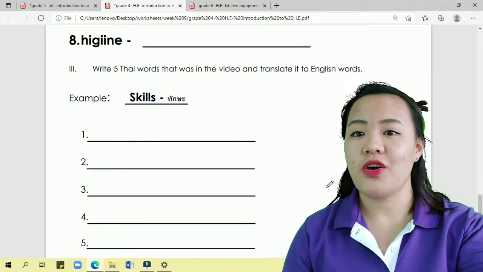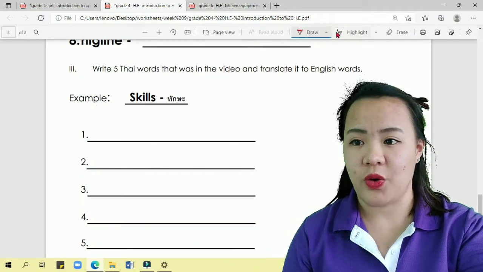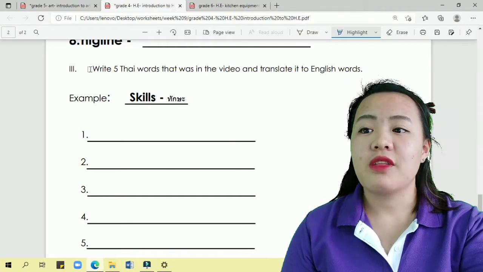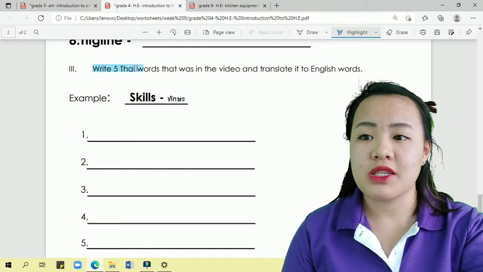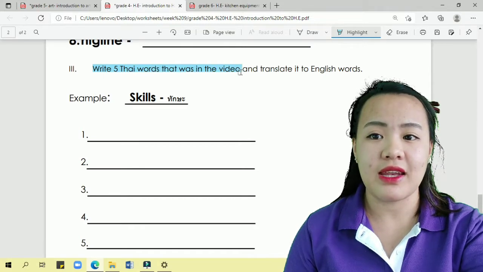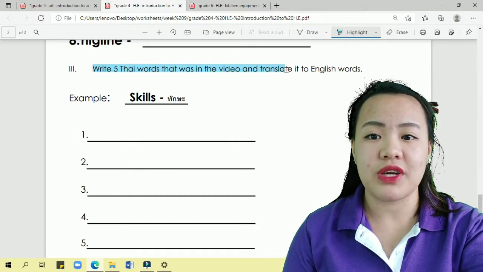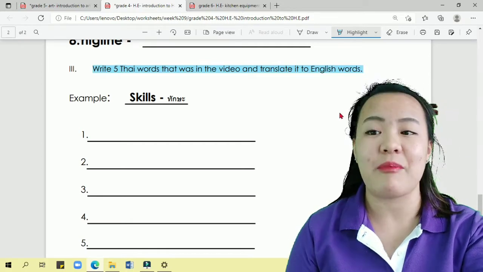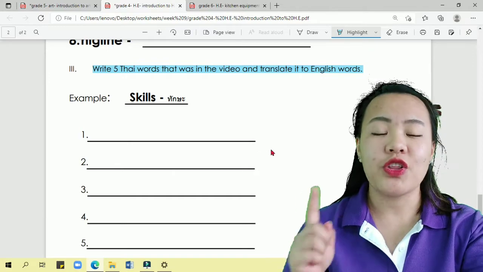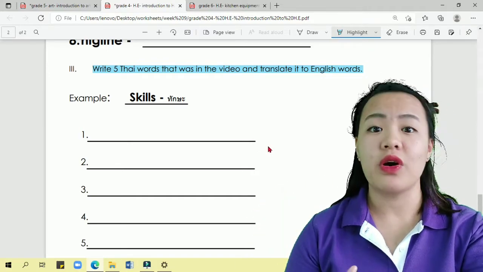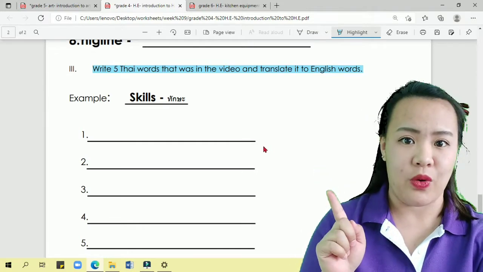In your video, test 3 first. Let me explain. Write 5 Thai words that were in the video and translate them to English words. Look at the example. You're going to find 5 Thai words in this video that we discussed a while ago.